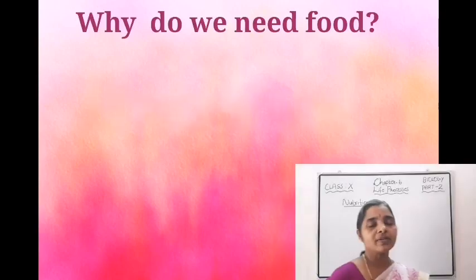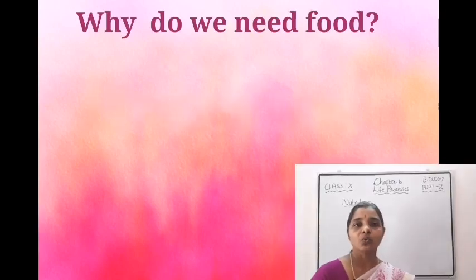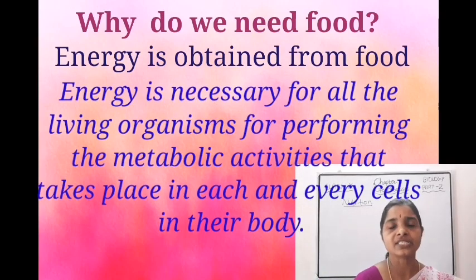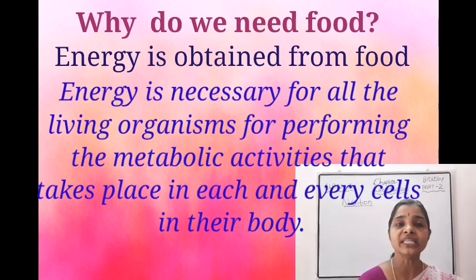In the lower classes itself, you know why we are taking food, because we need energy for various activities, isn't it? Even though we are not doing any activities, we need energy because of some of the metabolic processes that take place inside our body. So we need energy.